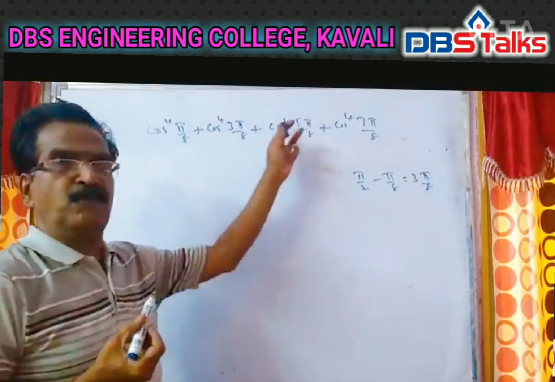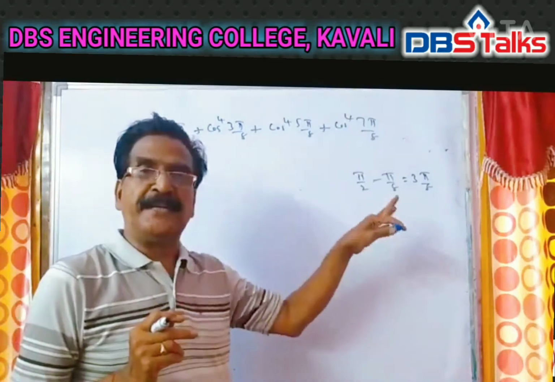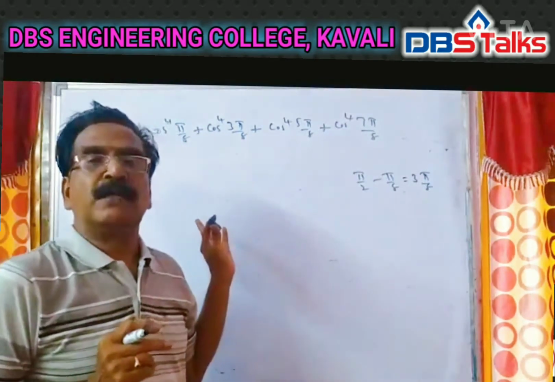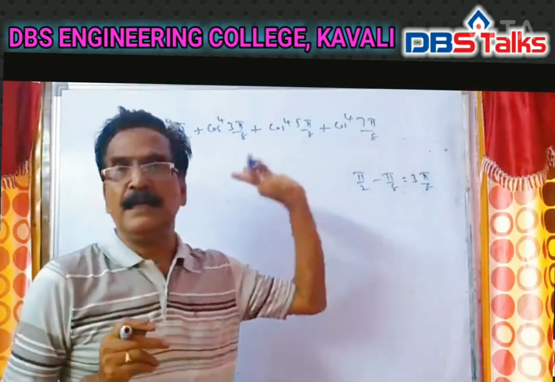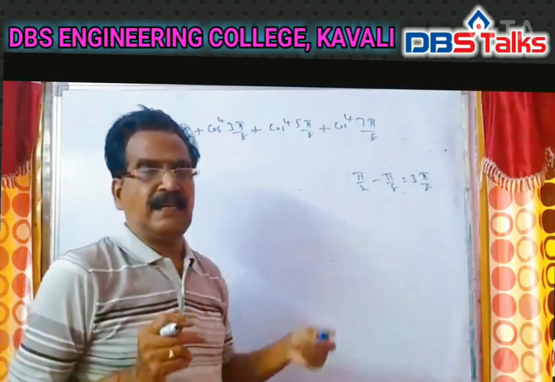Here we have considered only odd terms: pi by 8, 3 pi by 8, 5 pi by 8, 7 pi by 8. Here we have considered only odd multiples of pi by 8. The answer is 1.5.